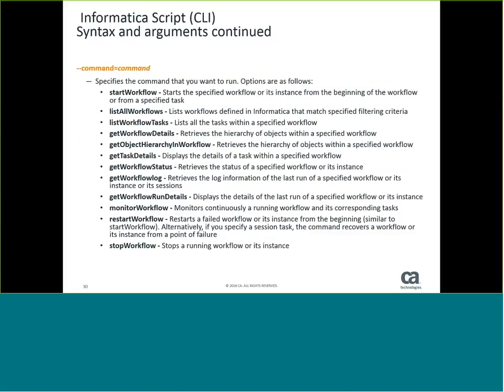Here's a list of some of those key commands. Start workflow is the one you're going to use most often, but there are other workflow commands to be able to do some of the same things you saw me do in the desktop client for D-Series: list all workflows, retrieve workflow details, get object hierarchy and workflow, get task details.